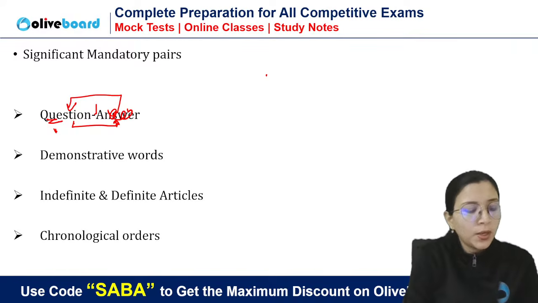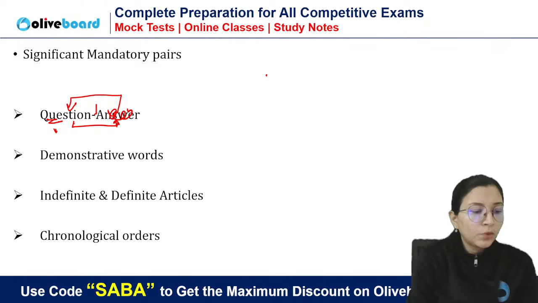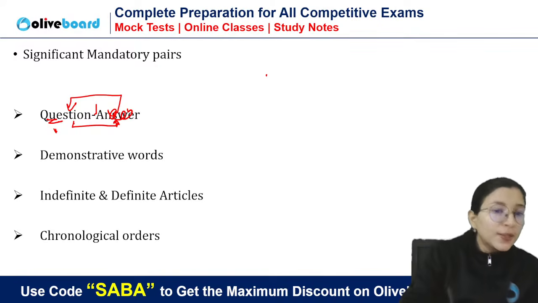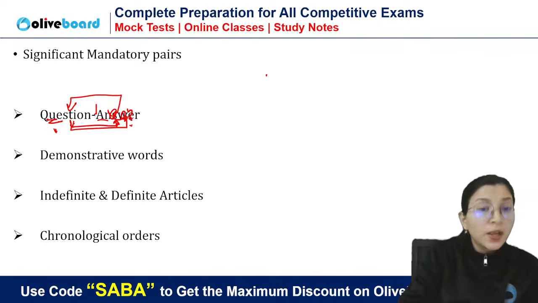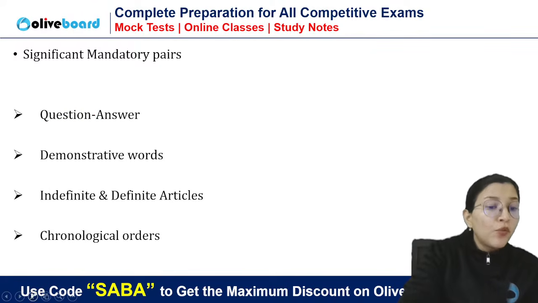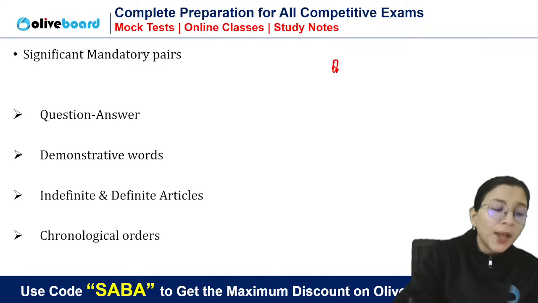The question is for the readers to ponder, to think upon. Very good. If answer is given, you will form the pair, first question and then answer. But sometimes the writer forms a question for the readers. If the question is for us, then that question will be the last sentence.